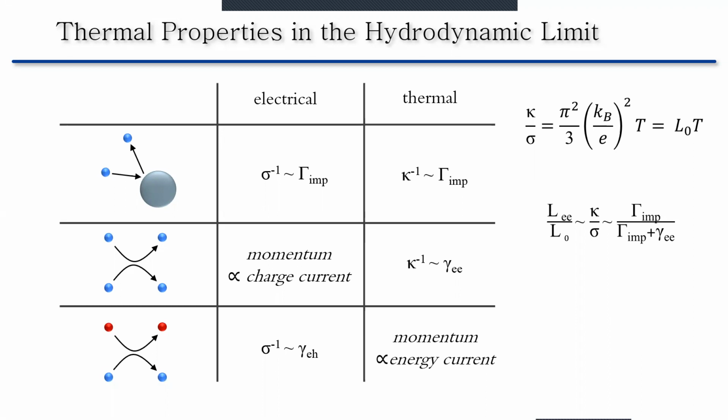So if you compute the Lorentz ratio, you get something that looks a bit different, because now if the electron-hole scattering rate is large, the Wiedemann-Franz law is violated, but it's enhanced. The Lorentz number goes above 1. Surprisingly, this is actually roughly consistent with the results of actual rigorous theory treatments.